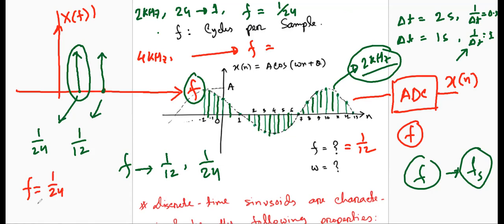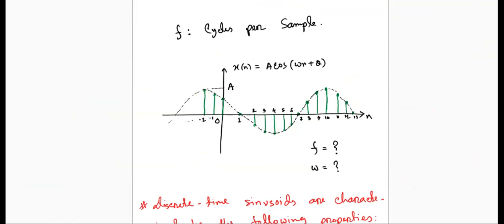This is the second answer, and one of your friends said it would be 1 by 12. Okay. Any other possibilities? Okay. So let me give you this answer with a graphical representation so that you can justify your own answer.